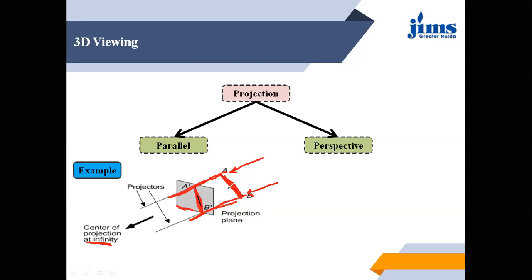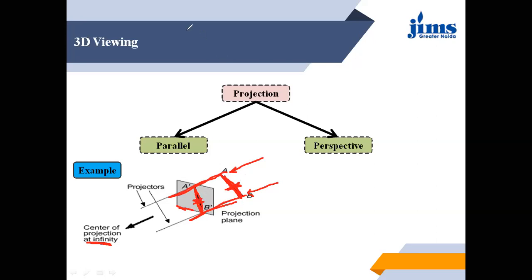You can see from here that the size of this object and this image is the same, or you can say that the height of this object is the same as the height of this image.